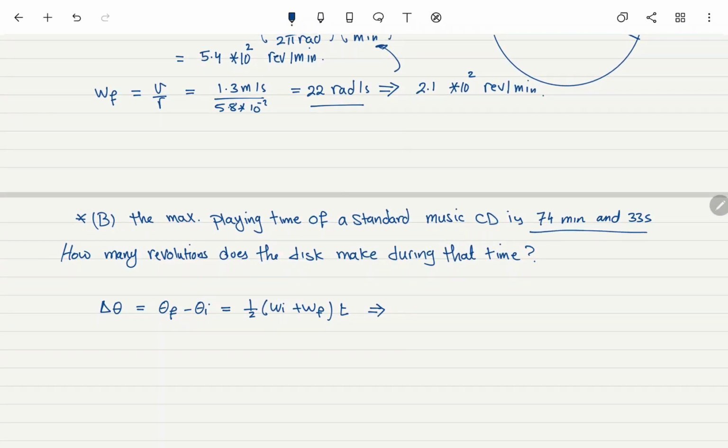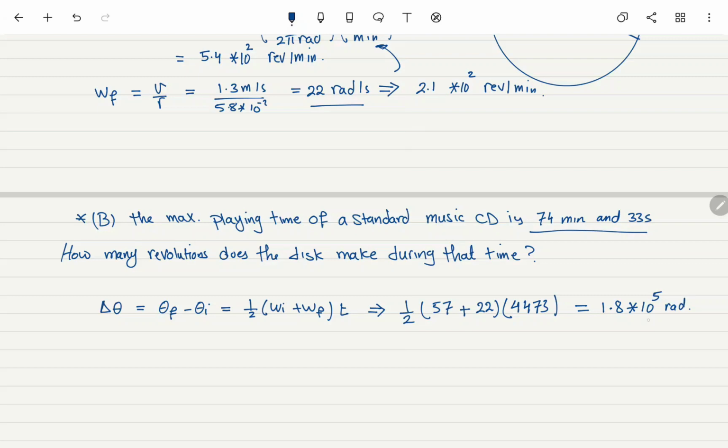We have to convert this to seconds, so it's equal to half times 57 plus 22, multiplied by 4,473 seconds. In total it's equal to 1.8 times 10 to the power 5 radians.